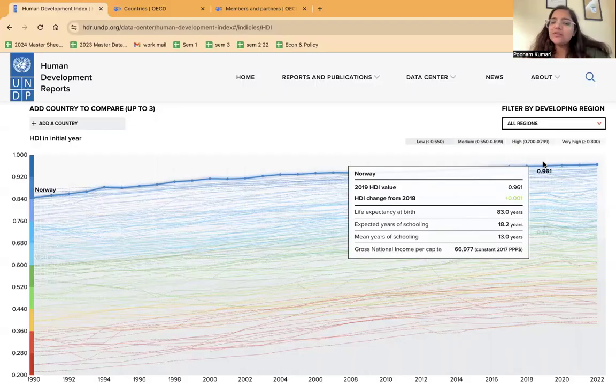And the mean years of schooling, what actually happens, is 13 years. So with 13 years, more or less everybody finishes school and then more or less they join college. This is what is being explained here. And their GNP per capita is close to $67,000.